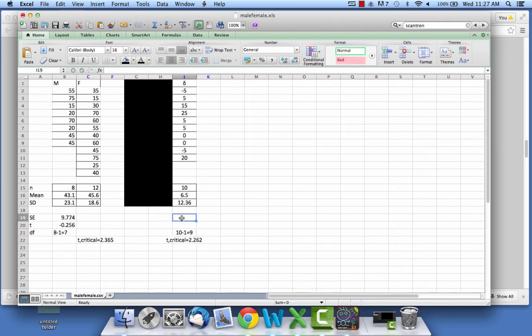My standard error. So this is back to our normal thing. All it is is the standard deviation divided by square root n. Okay, so we have an SE of 3.9.